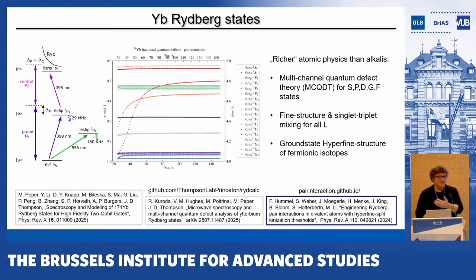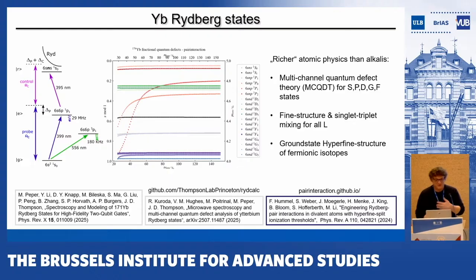So you develop the most modern quantum technology, you then also have to do your homework and understand the basic atomic properties. And luckily for the Rydberg states, this is still relatively modest in complexity. There is a method from the 1950s to 1980s, multi-channel quantum defect theory.